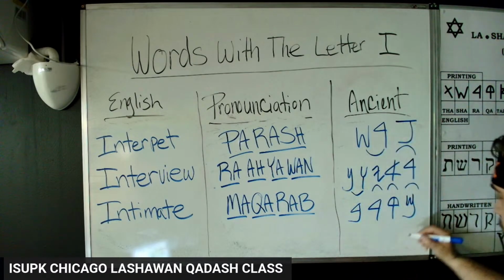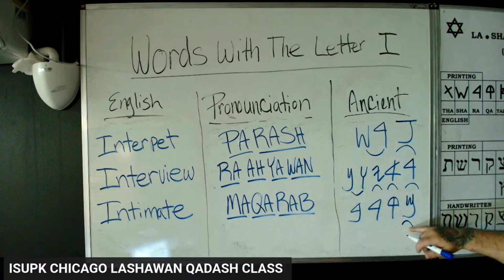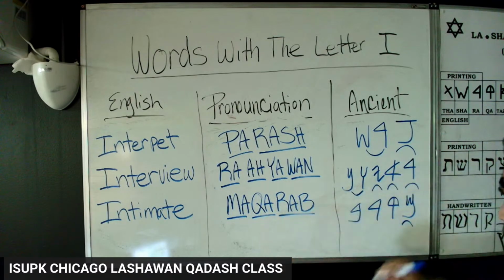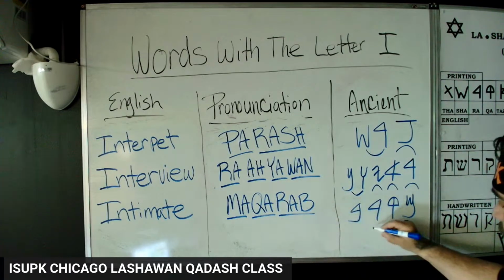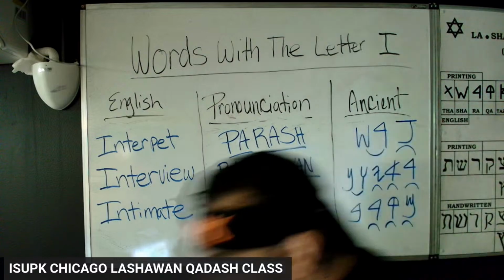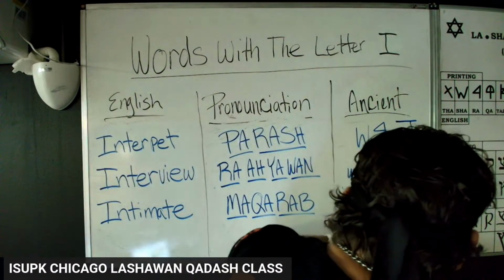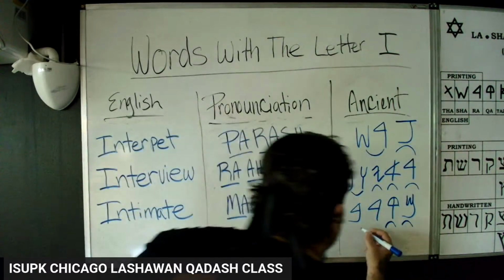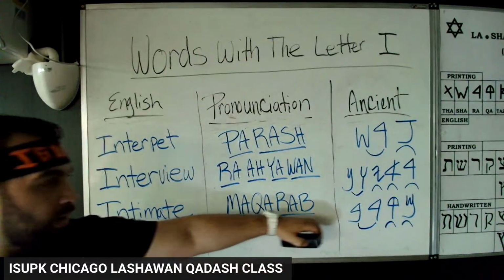You got ma, qua, rob. You got Ra and Ba, so you connect these right here at the bottom. Ma, Qua, Rob.